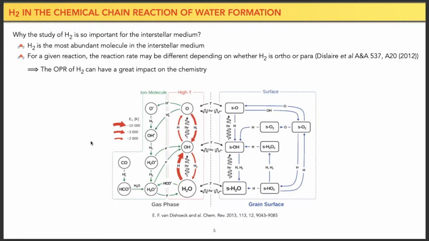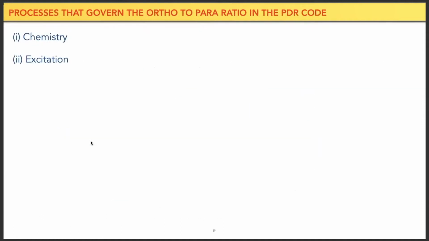When we look at the reaction chain leading to water formation in the gas phase, we can see that we have H2 at almost each step of the chain. So it can change the OPR of H2 in the interstellar medium. That's why we implemented an orthopara chemistry in the Meudon PDR code.